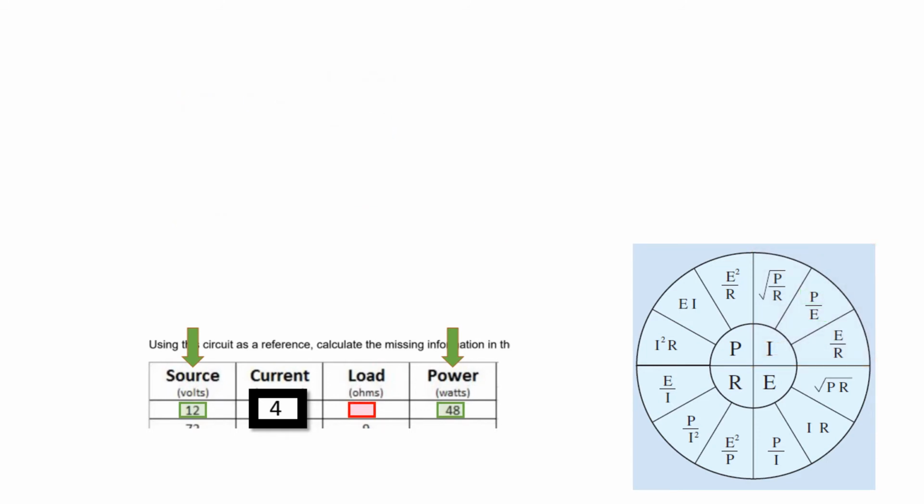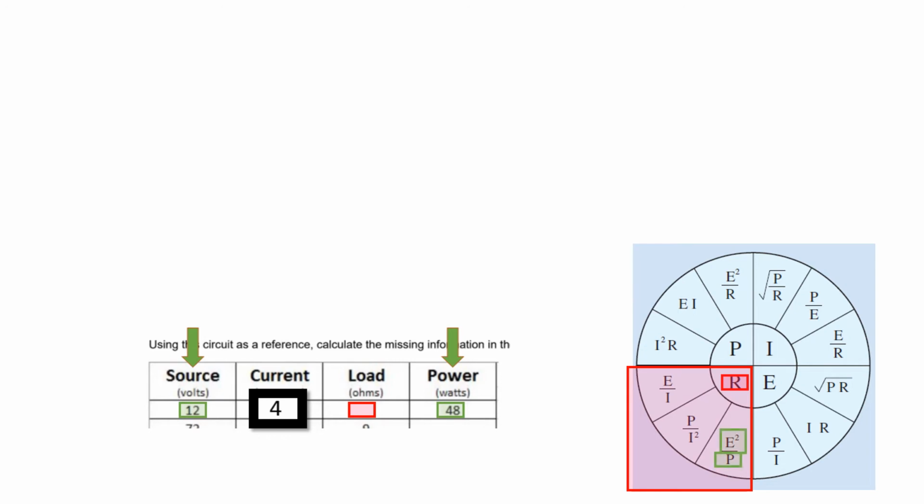The next missing value is load. Load is the letter R in the table. Find the letter R in the inner circle on the chart. That will tell you which quadrant of the circle is where you need to look for the formula.